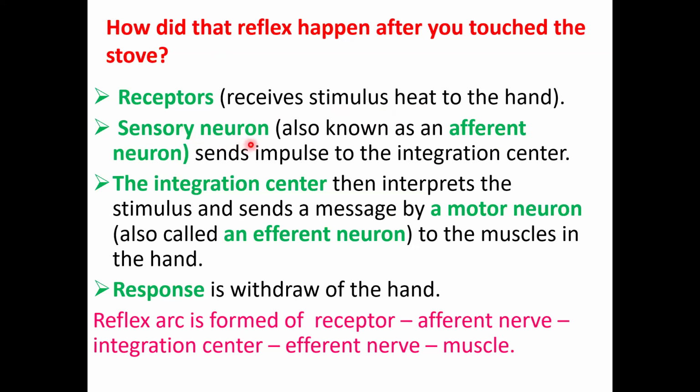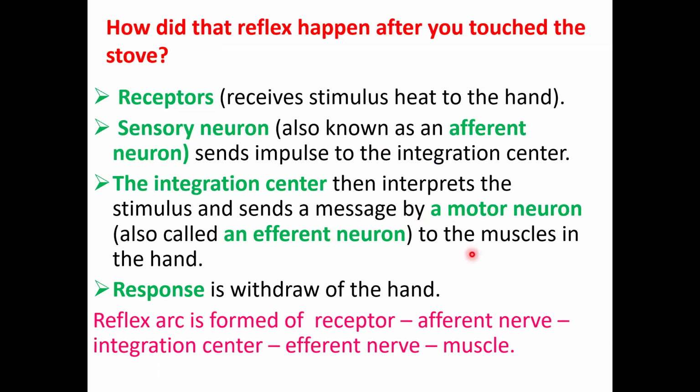Number 2, the sensory neuron, which we call the afferent neuron. This neuron sends impulses to the integration center within the central nervous system. Number 3, the integration center, which interprets the stimulus and sends a message to the motor neuron. Number 4 is the motor neuron. We call it the efferent neuron.